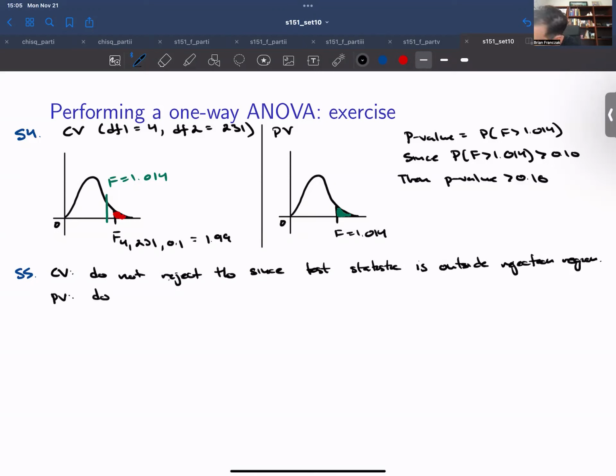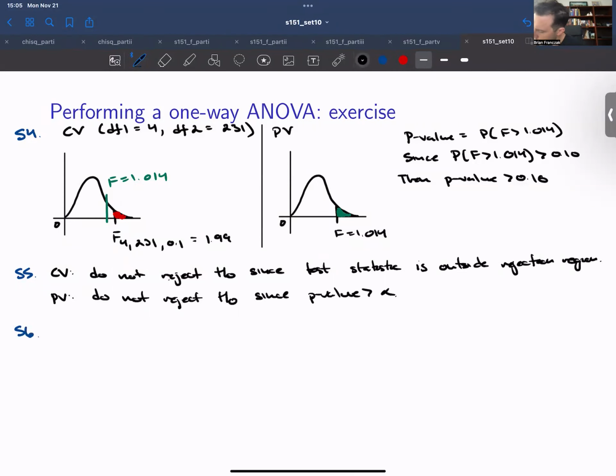And if we take the p-value approach, we would say do not reject H0 since the p-value is greater than alpha. So our p-value is bigger than 0.1. Alpha happens to be 0.1 in this case, so the p-value is clearly larger than alpha.